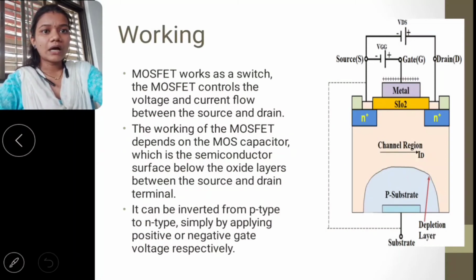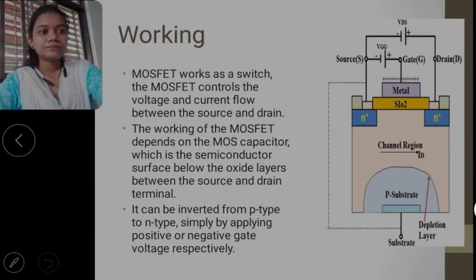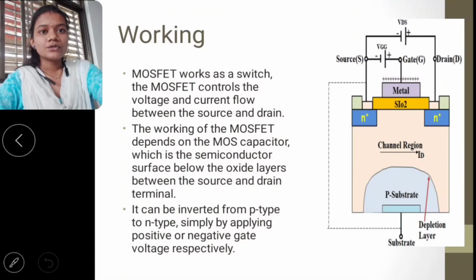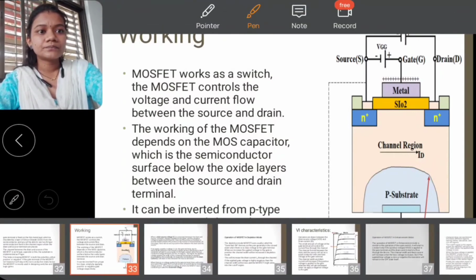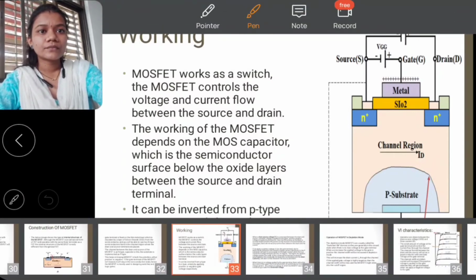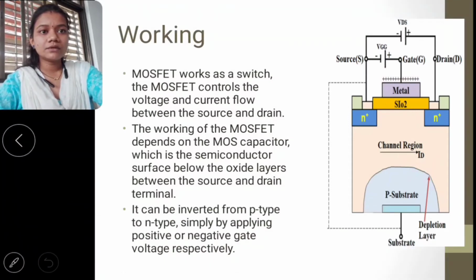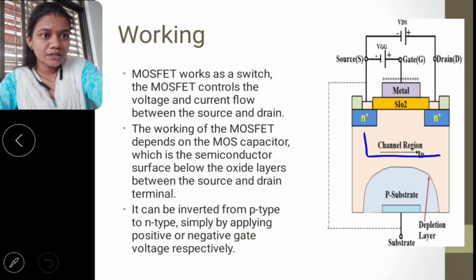So now, how will MOSFET work? This is the working of MOSFET. MOSFET works as a switch. The MOSFET controls the voltage and current flow between source and drain. This is the source terminal, this is the drain terminal.